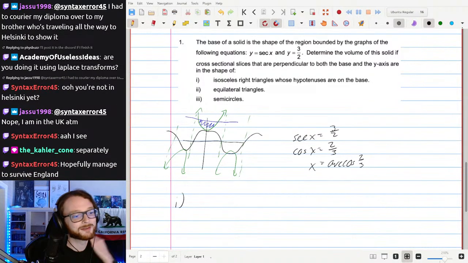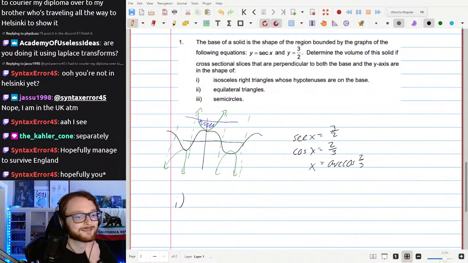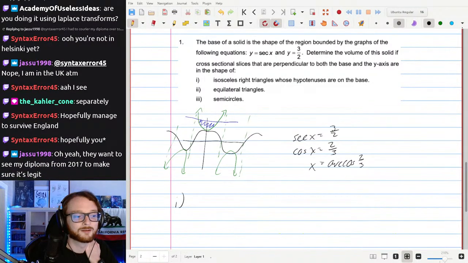Separately? Wow, that is weird then, yeah. See your diploma from 2017 to make sure it's legit? Huh. Jobs don't ask you to do it. Maybe if you need some kind of security clearance, like if you're doing some super sensitive government job. Actually, for schools, you have to send an official transcript, but it's really easy.